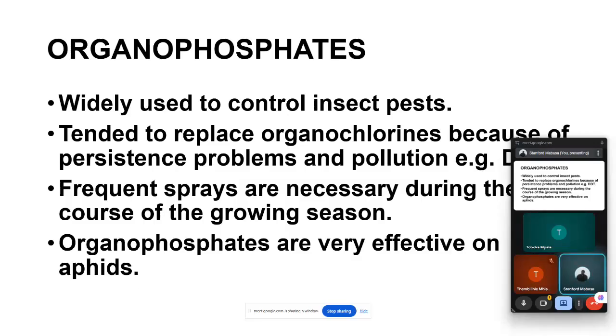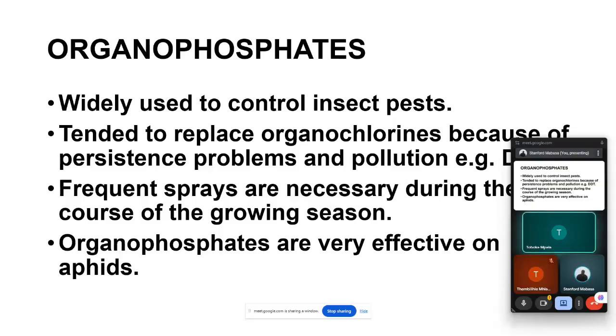As far as organophosphates are concerned, these are widely used to control insect pests. They tended to replace organochlorines because of persistence problems with the organochlorines, which tended to stay for a long time and actually cause pollution, for example, DDT.